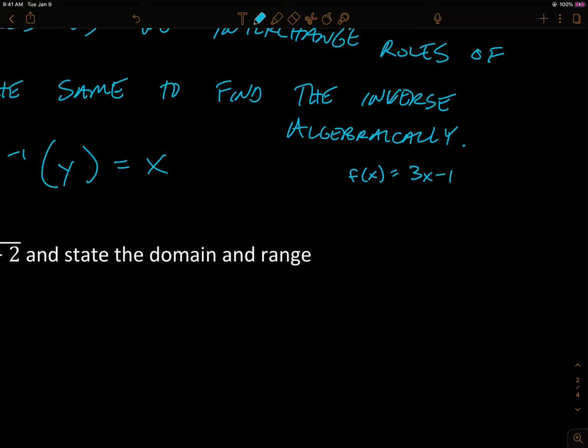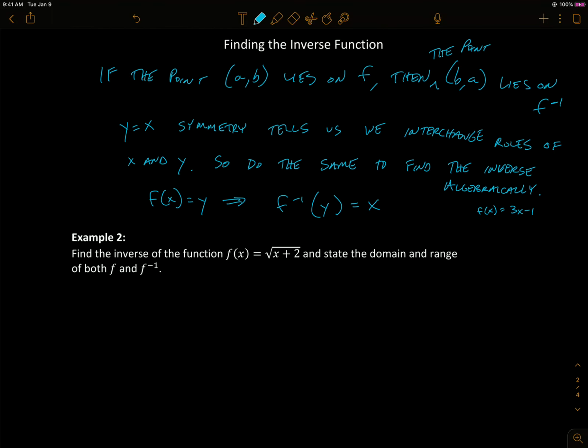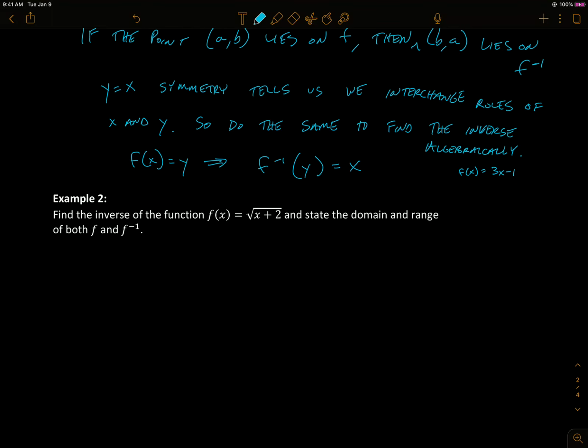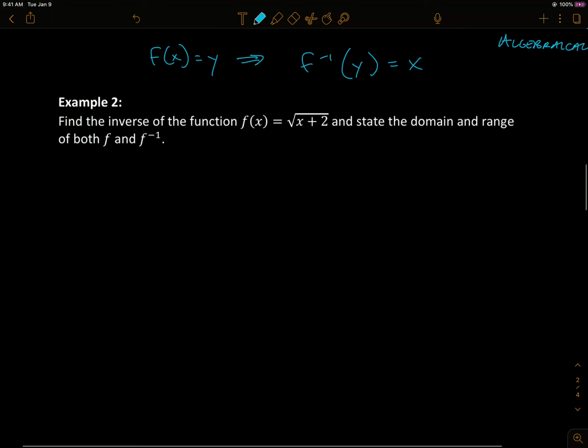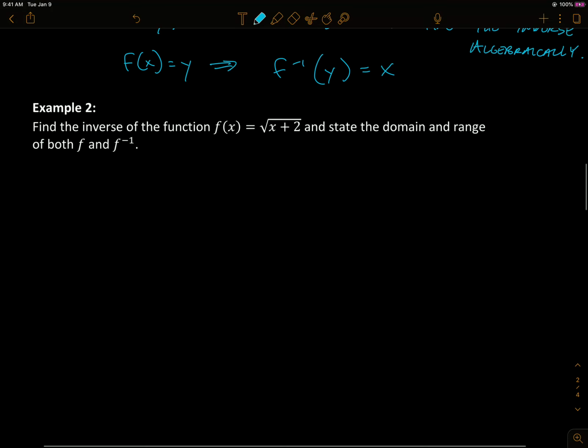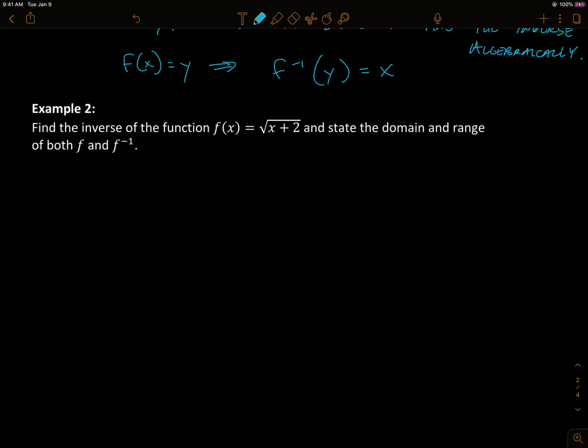All right, so for example, if I have a function, actually, you know what, let's just do the example that we have here. So we're going to do the same thing. So there's going to be steps. So the first step is we need to let f of x equal y. So we need to change our f of x to y. Right?